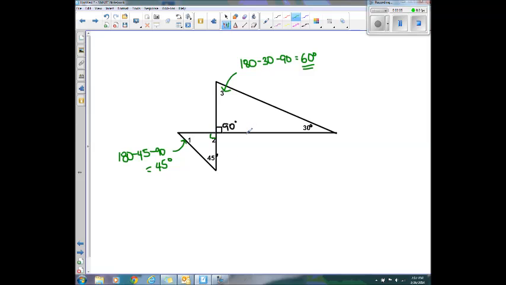They may give you some combination of parallel lines or perpendicular lines, and you need to use what we learned last section with our vertical angles and alternate interior angles and those sorts of things. And you should have enough knowledge at this point to be able to find whatever missing pieces they ask you to find.